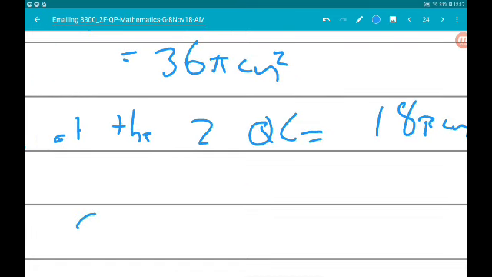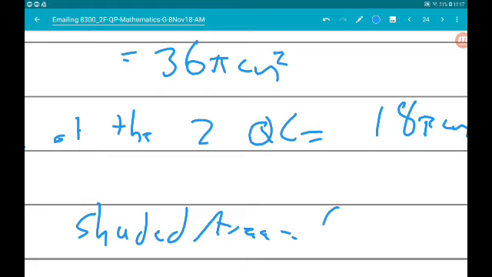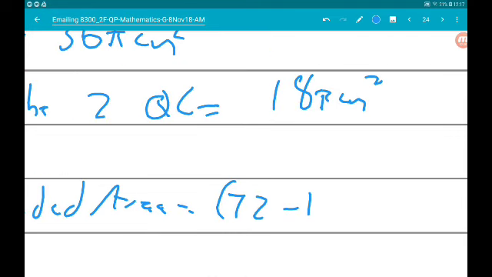So the shaded area is 72 minus 18 pi centimeters squared. You could work it out as a decimal. I don't want you to though, you don't need to. So what's the point? Go.